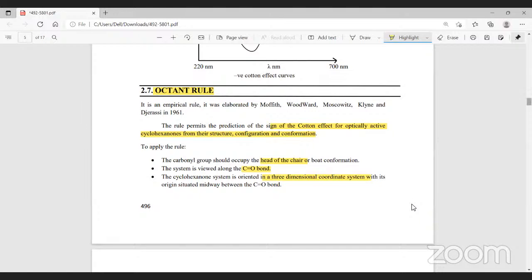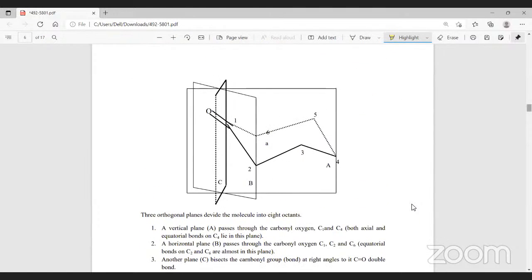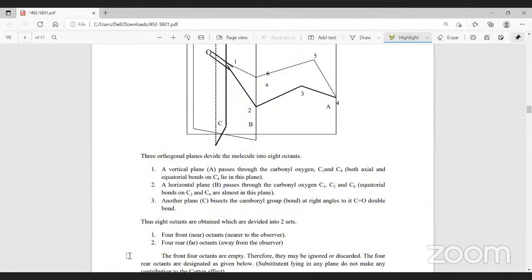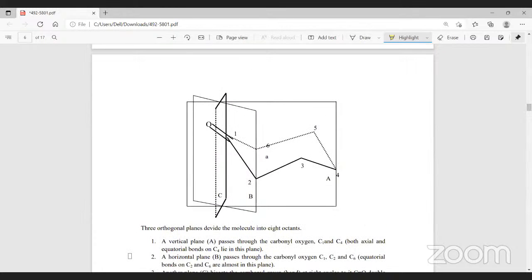See the 3D diagram of cyclohexanone. Here three orthogonal planes divide the molecule into 8 octants, or 8 sectors. First, a vertical plane A passes through the carbonyl oxygen. See here, plane A.